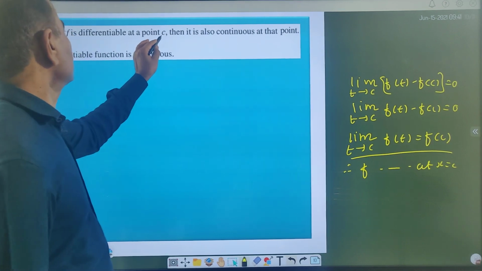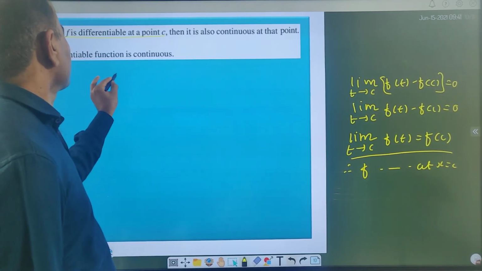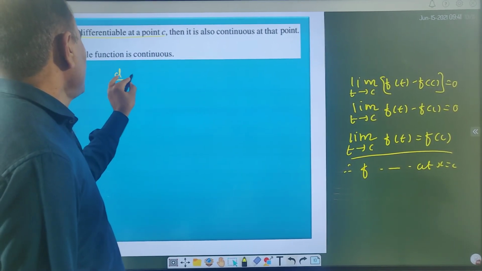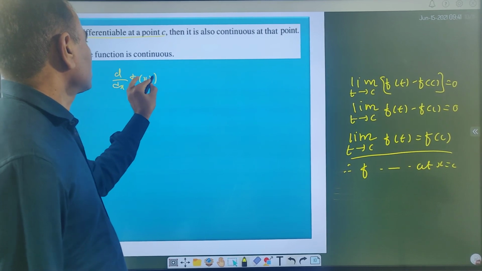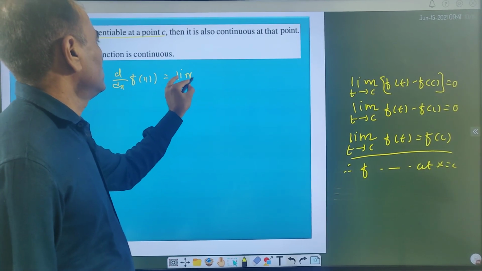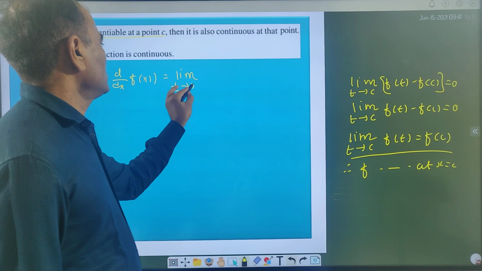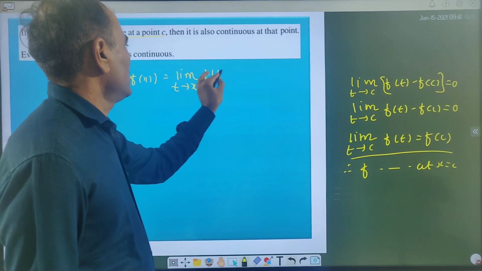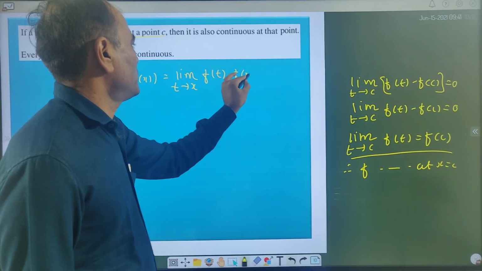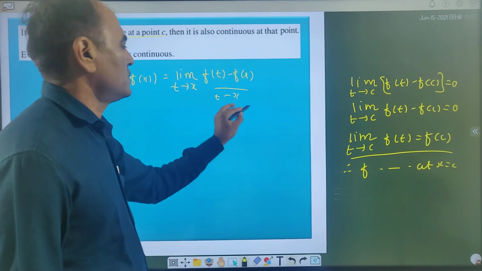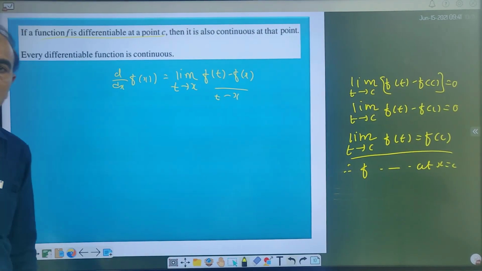Here it is given that the function is differentiable at point c. Now d by dx of f of x is equal to limit t tends to x, f of t minus f of x over t minus x. That we know, this is the definition.